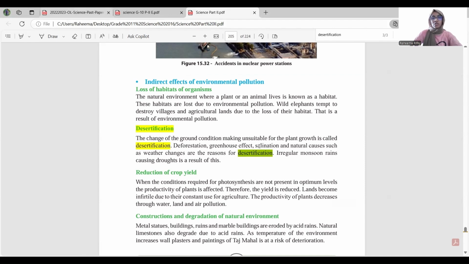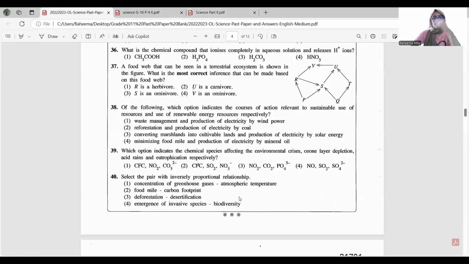So actually, if you cut down the trees, the ground condition becomes unsuitable for plant growth. But deforestation, greenhouse effect, salination, and natural causes, right? Now when deforestation increases, desertification also increases. But the fourth one, okay, they're asking inversely proportional, right?